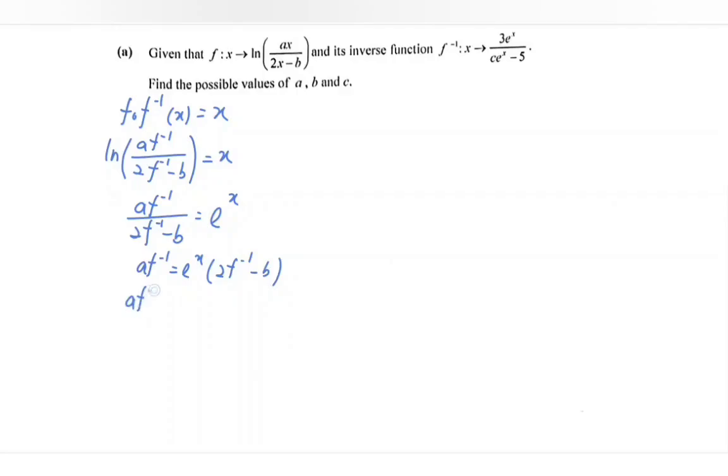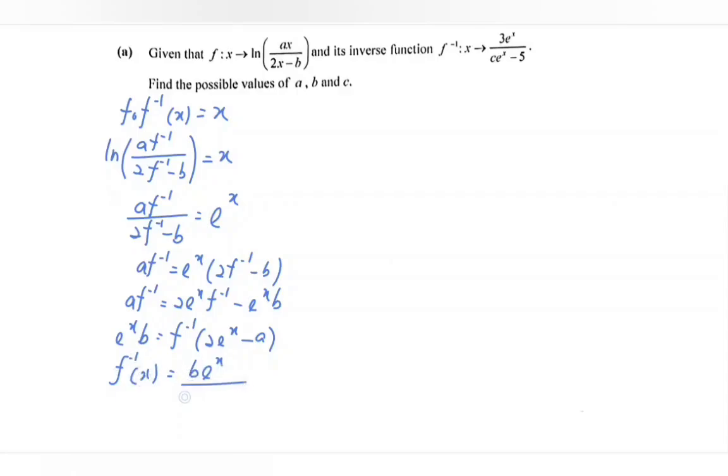So a f inverse equals 2 e to the x f inverse minus e to the x b. Rearrange the situation. So here we have e to the x b equals f inverse bracket 2 e to the x minus a. So the f inverse of x is equal to e to the x b over 2 e to the x minus a.